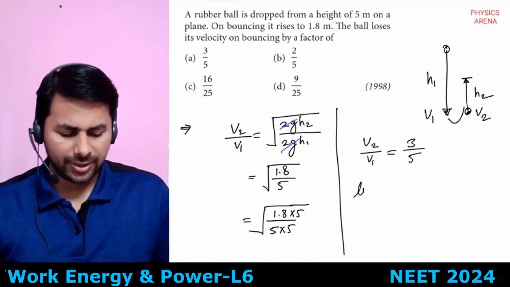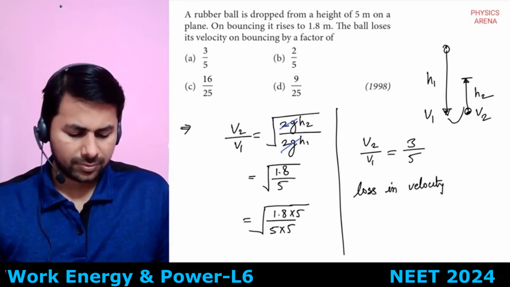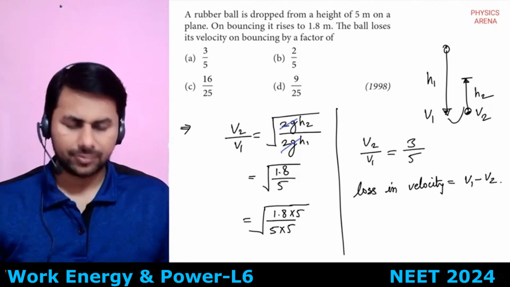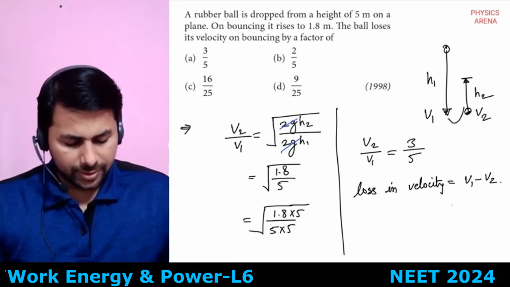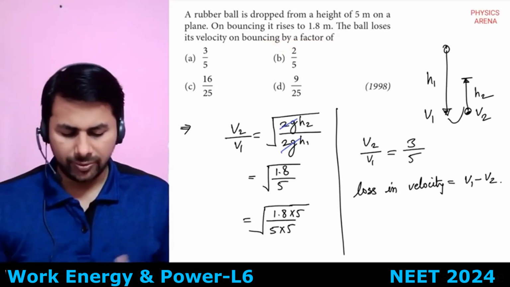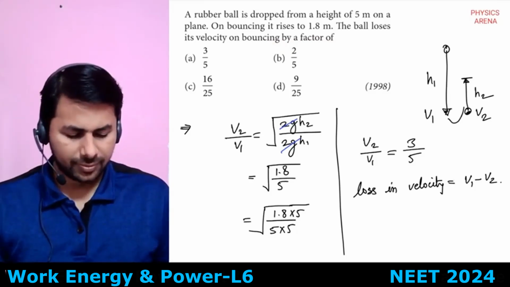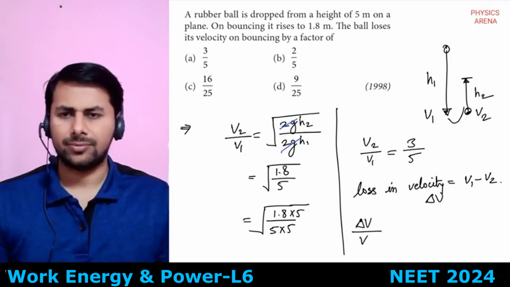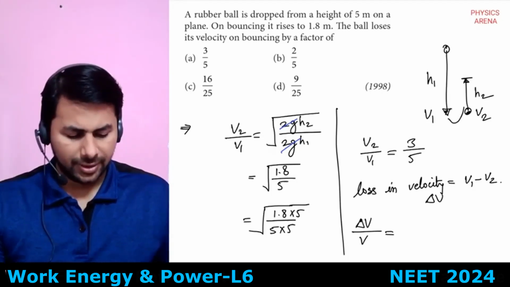What is the loss in velocity? Loss in velocity will be v1 minus v2. And by what factor is the velocity lost? So it will be loss in velocity, delta v, divided by v1.